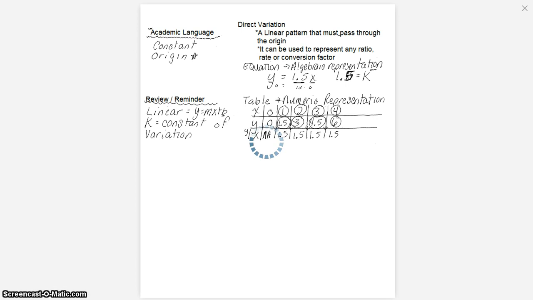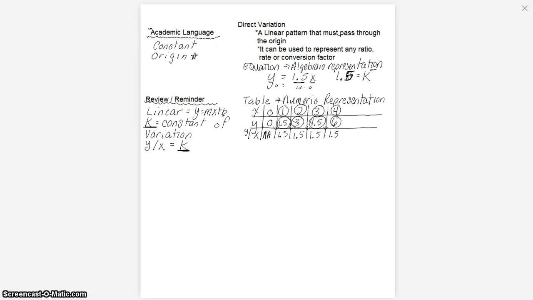So let's put that over here in the reminders that y divided by x is always going to give you that constant, okay? So we have the constant here, what it stands for, and then we have how you get it right here, okay?